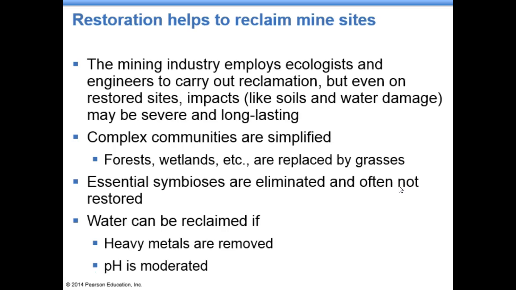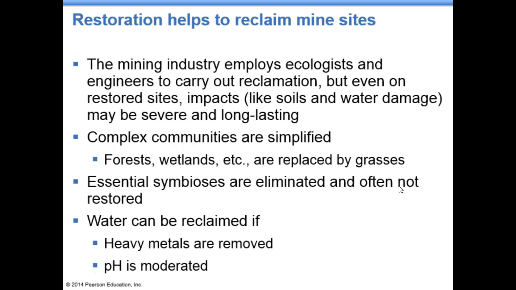Water could be polluted by mining and acid drainage, but this can also be reclaimed. The way it can be reclaimed is if the pH can be moderated and if toxic heavy metals can be removed.